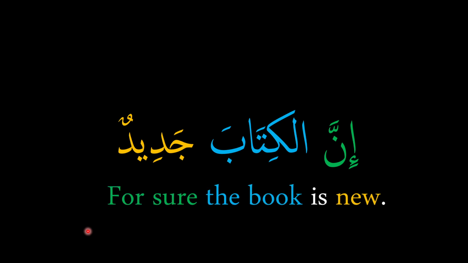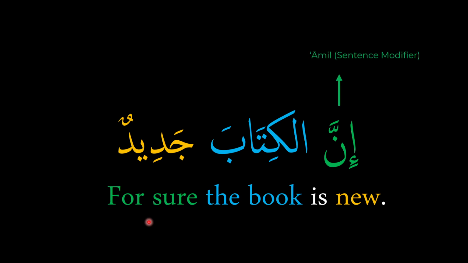In this case, the meaning now would be, for sure, the book is new. See, inna is introduced to remove any type of doubt there could be. Let's say perhaps somebody came across a book in a bookstore and they were wondering, well, is this used or is it not? And then someone said, inna al-kitaba jadidun. For sure this book is new. It removes any ounce of doubt that that book could be used or old or whatever the matter may be.